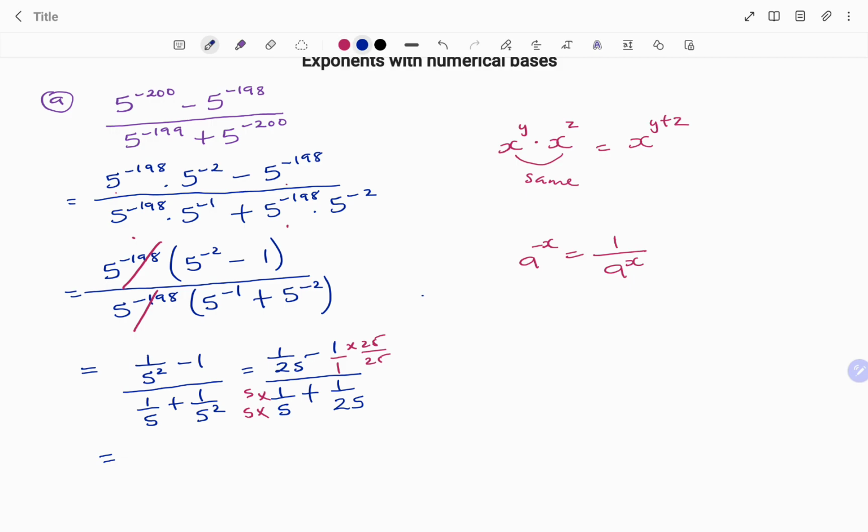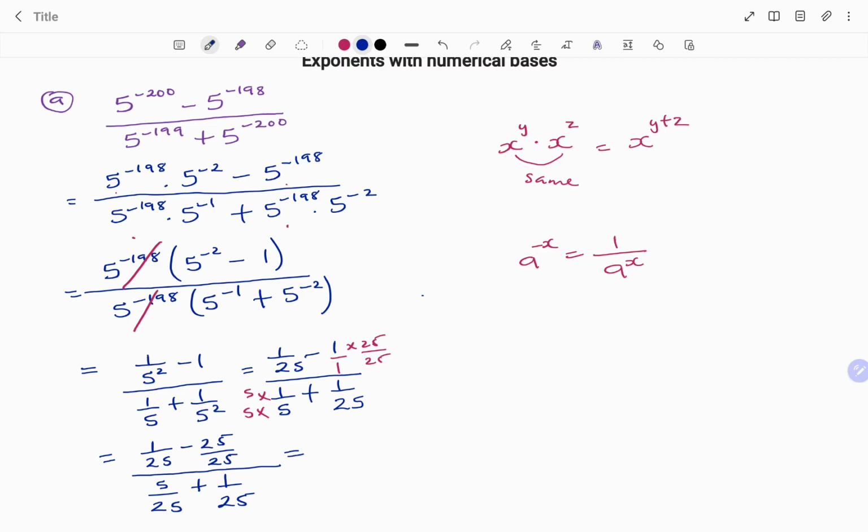Simplifying, I have for my numerator 1 over 25 minus 25 over 25, all over, for my denominator, 5 over 25 plus 1 over 25.